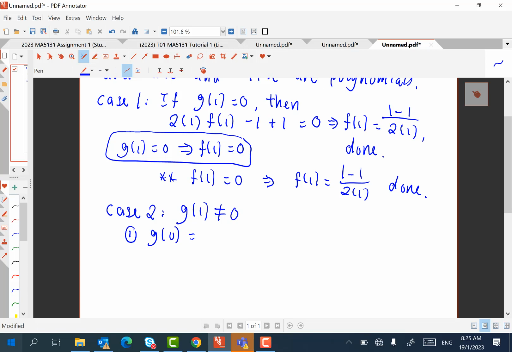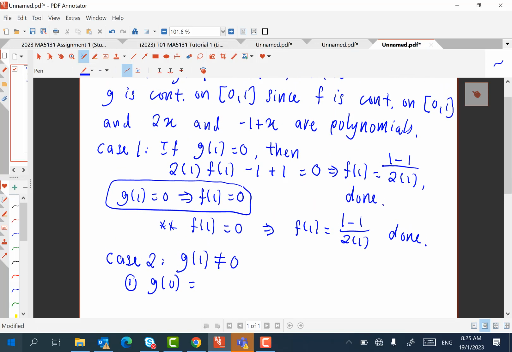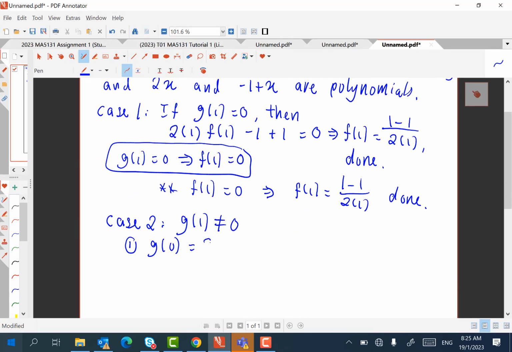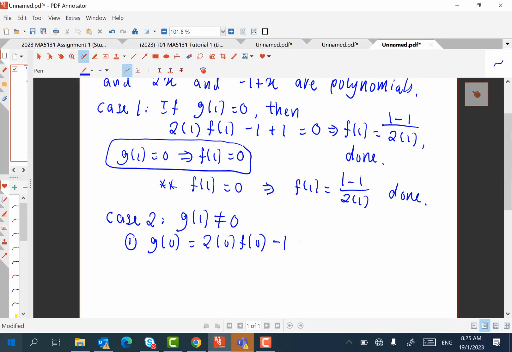What will g0 be? g0 will be 2 times 0 times f of 0 minus 1 plus 0, and this gives you minus 1, which is less than 0.